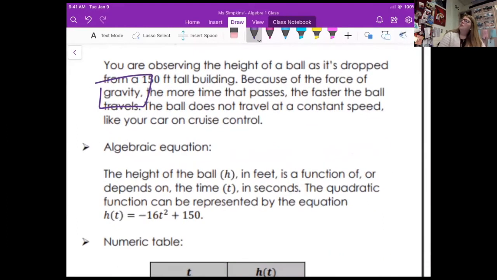For the equation, how do I know that equation creates a parabola? That's squared. If it has an exponent of 2, that is going to be a parabola.